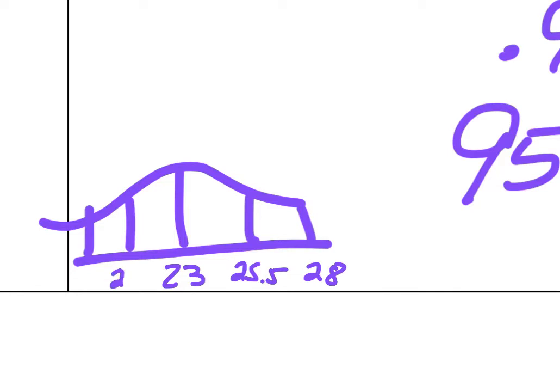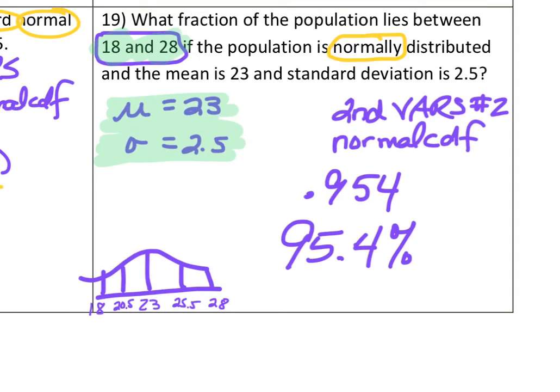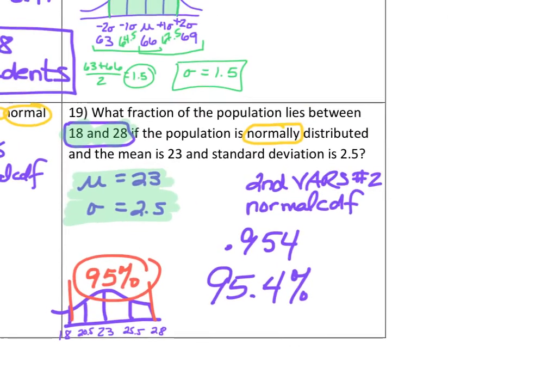In the other direction, 20.5 here and 18 here. And so you would see that the part of the curve from here to here is 95%. So either way.